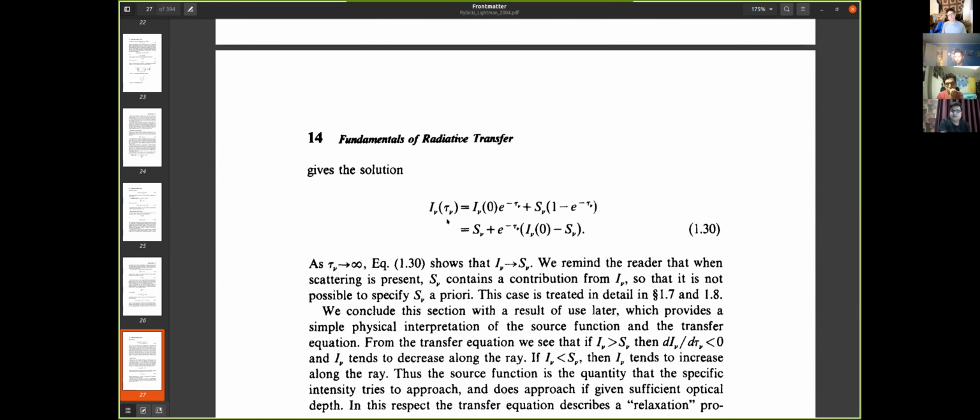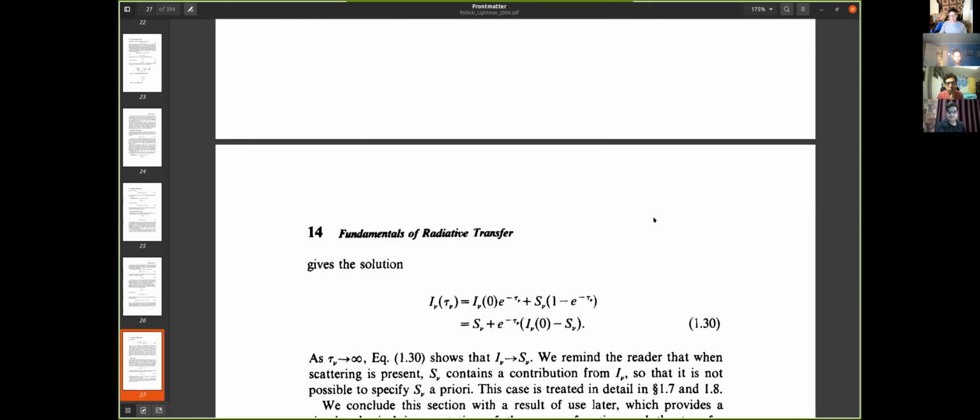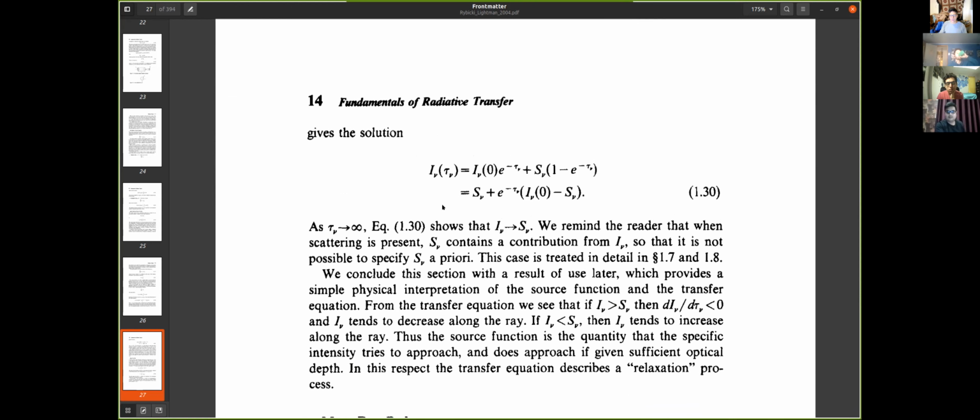I nu of tau nu equals S nu plus... The first form is the standard way to put it. Well, yeah, 1.30. We will see this one very often.